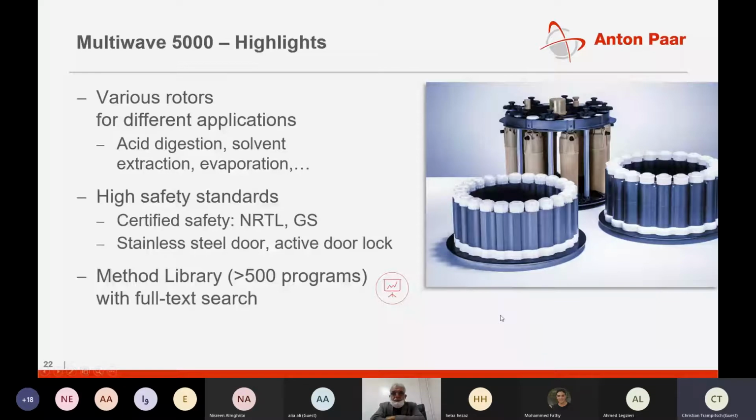What is also nice on this instrument is that we have a video manual on board. Of course, every instrument comes with a written manual, but writing and describing is something, and showing is completely different. What I would like to do now is show you how to digest various food samples with a rotor 24 HVT.